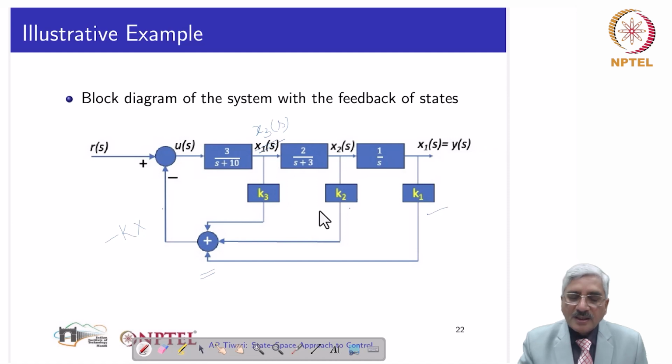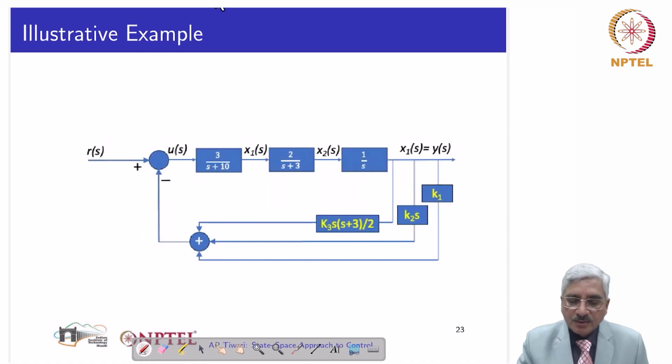Now this block diagram can be manipulated to achieve this block diagram. What has been done is that k2, through which x2 was being taken, has been brought outside this block, after this block 1 by s here. And similarly this x3, which was tapped through gain k3, that takeoff point has been brought here.